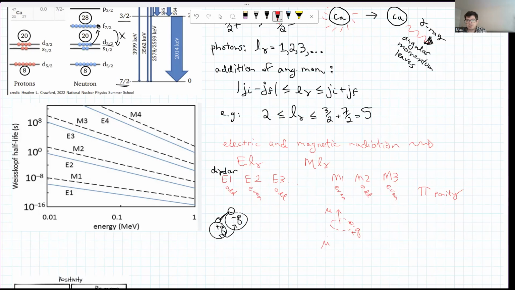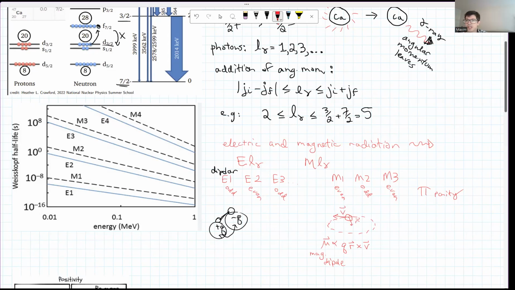But a magnetic dipole is proportional to the charge times the location of the charge, r, crossed with the velocity vector of the charge. So let me draw it a little better here. You have an orbiting charge in a circle, and it's got some location, and it's moving in uniform circular motion, v.